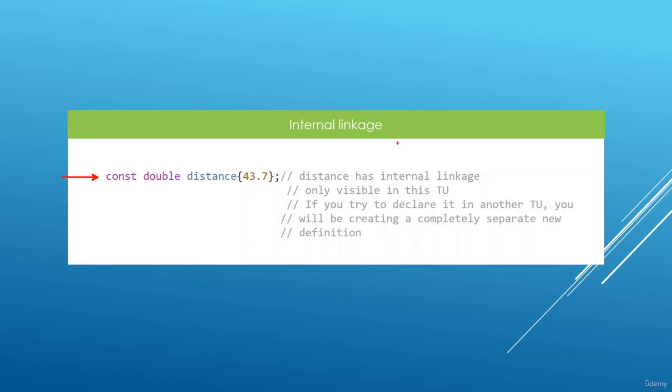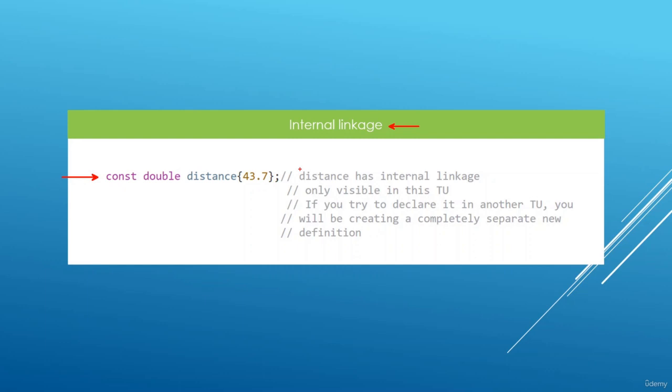You're going to be setting up a completely different variable. And we're going to see an example of this once we hit Visual Studio Code in a minute. But note that constant variables like this have internal linkage by default. And what we mean is that they can only be accessed and used from the translation unit where they were declared and defined.